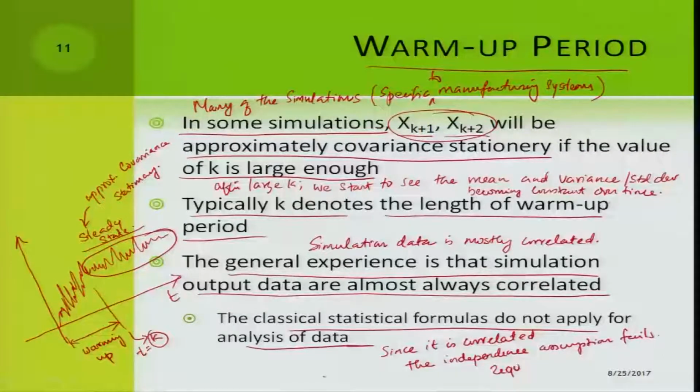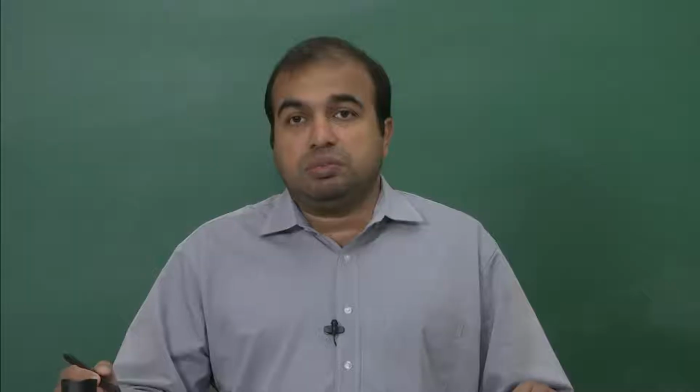It requires new or different statistical methods. We will see how we analyze simulation data in input and output analysis. We will talk about that later down the road, after we talk about the optimization and other stuff. But please remember this point, it is important for the entire duration of this course.